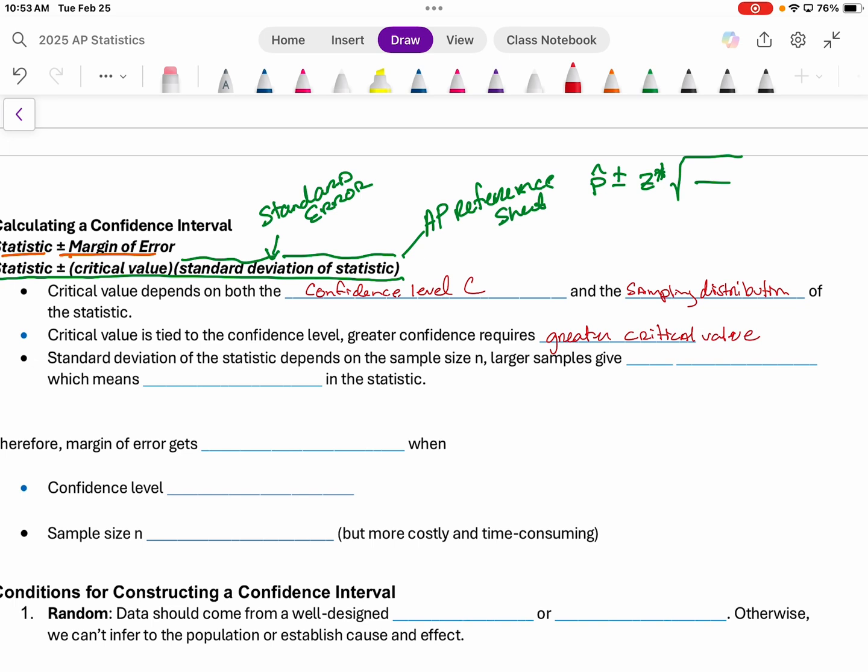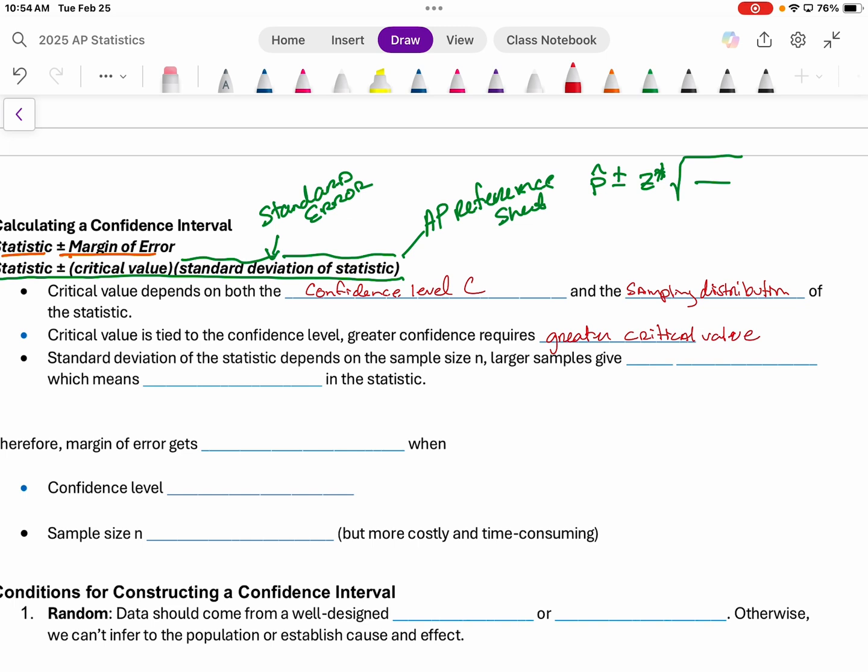A 98% confidence level has a different critical value, and that critical value is bigger because we increased the confidence level, therefore the critical value increased. That's what that statement is referring to. When we look at it more in depth tomorrow with numbers, it's going to make a little more sense.